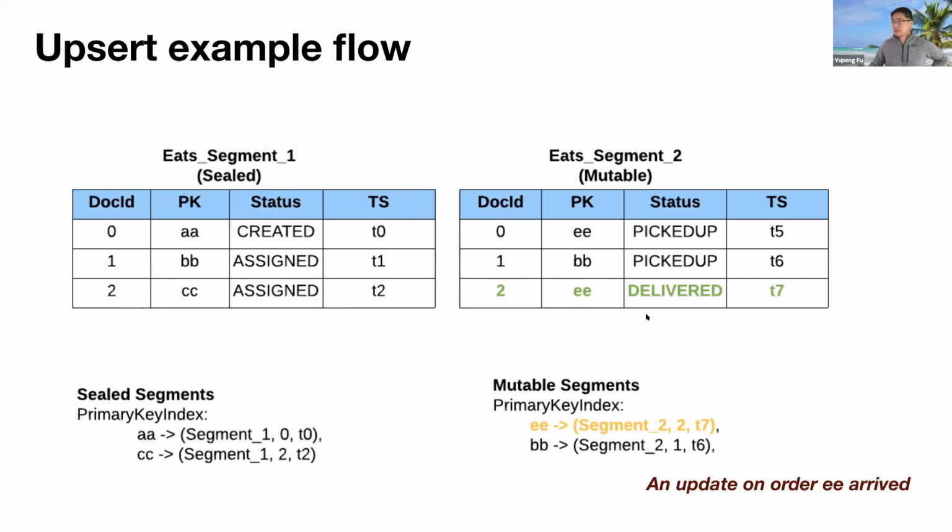So that indicates the update for the records in the mutable segment. This just gives you a very high level view of how the index updates as different updates come from the Kafka stream into the Pinot segments.